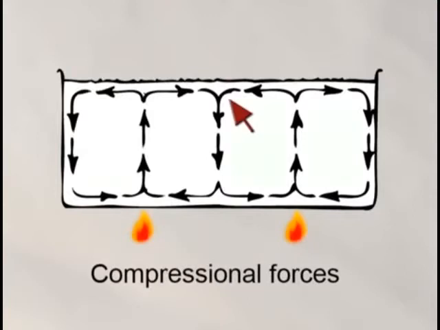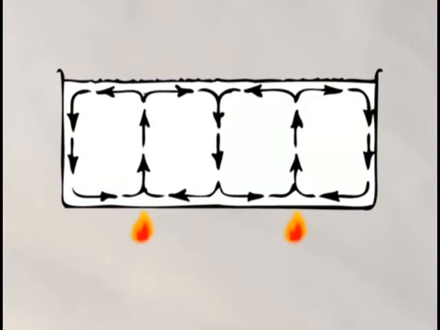Where the water is coming together to go back down, you have compressional forces being generated in the slab of wood. So note, they alternate. Tension, compression, tension, compression. You cannot have two tensional zones next to each other, nor can you have two compressional zones. It always alternates. Tension, compression, tension, compression.